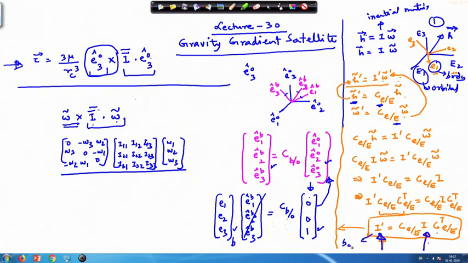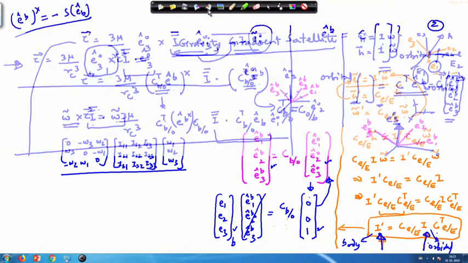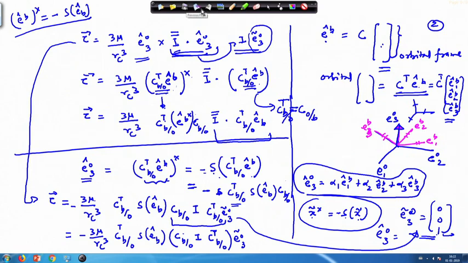So, this is referring to the body frame and this is referring to the orbital frame. Okay. So, using this notation, this can be written accordingly.